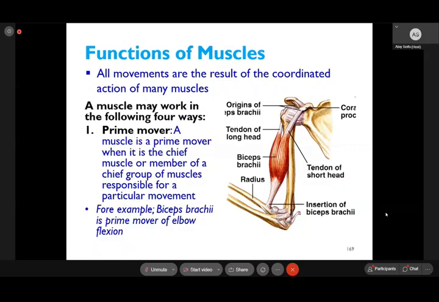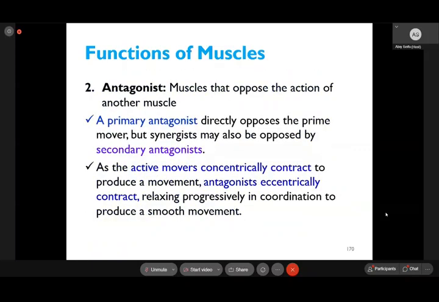There are also other muscles which are opposite to the primary mover, which are antagonists. It may be a primary antagonist or a secondary antagonist.